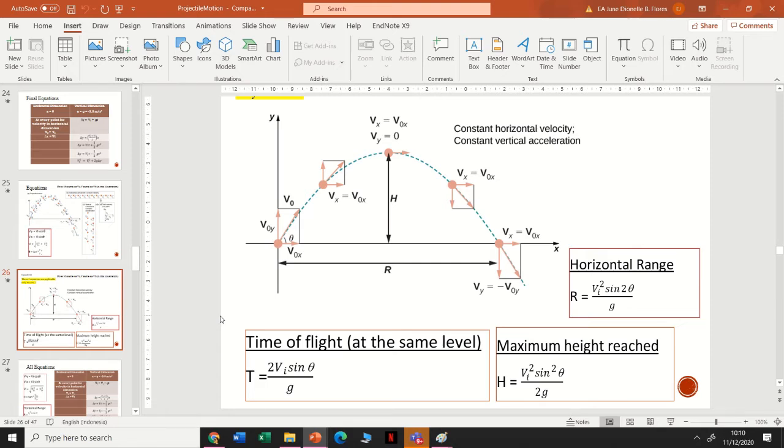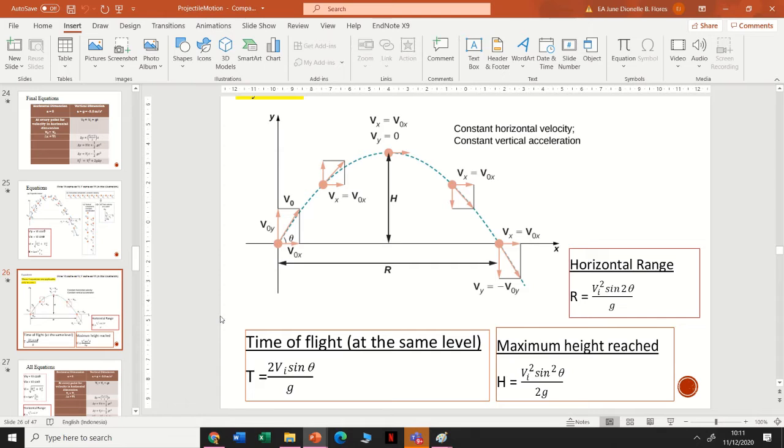And then we are solving for the maximum height. So you can actually use this one as one of your options to solve for the maximum height of the projectile. But the problem with this one is inputting it on your calculator.